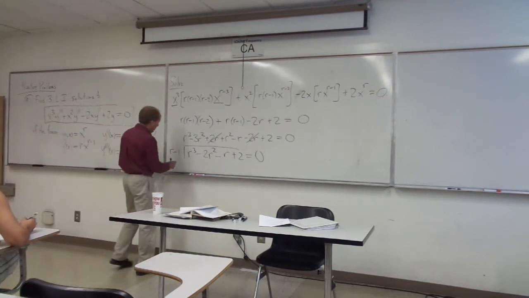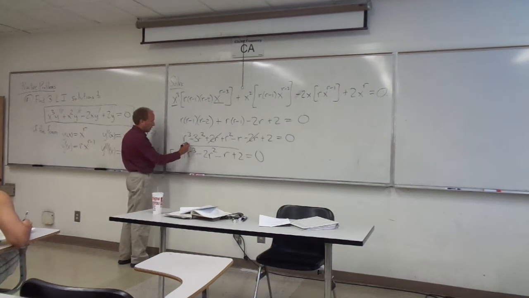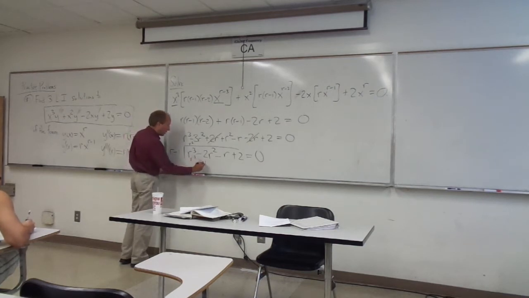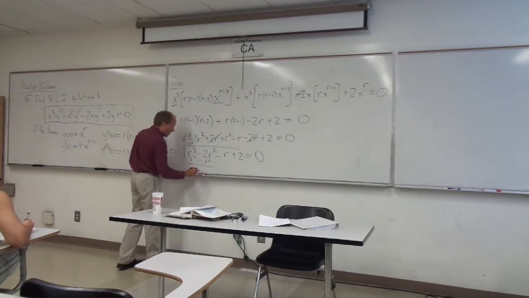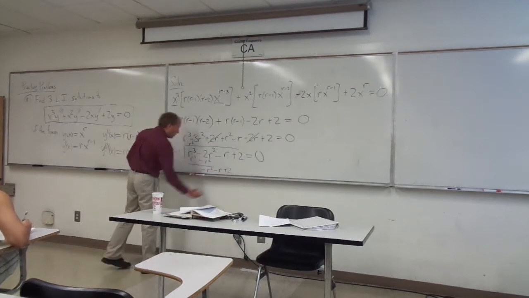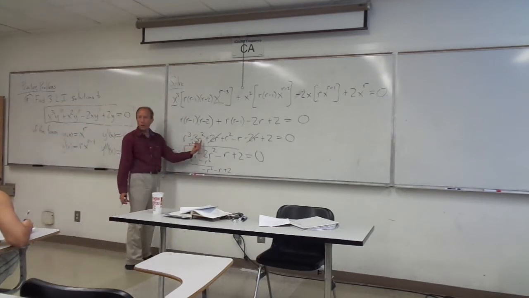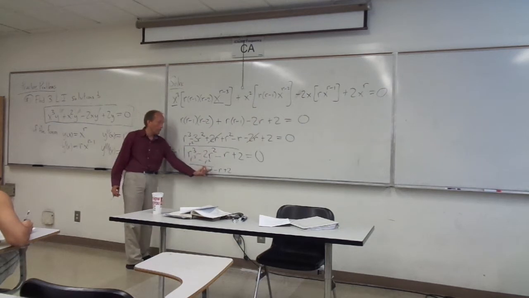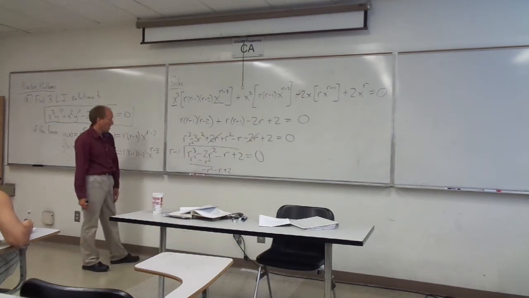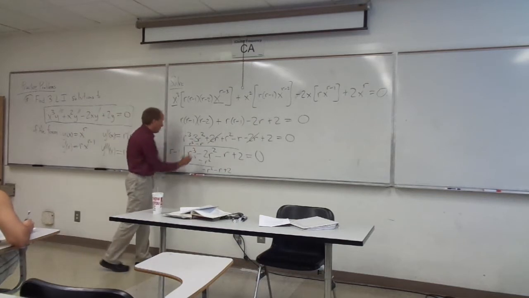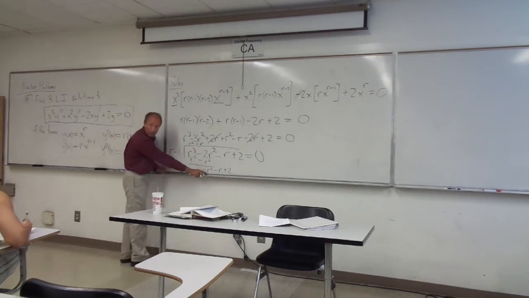So at this point, we have r dividing into r cubed. That goes r squared times. Leaves me with r cubed minus r squared. And then we subtract, and we get minus r squared minus r plus 2. And then what else, what would I put next on top to match up with this remainder that I have down here? Minus r, because I need to have minus r squared, right?